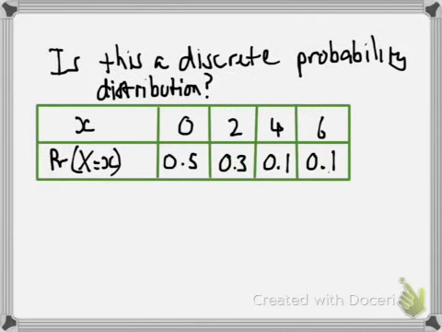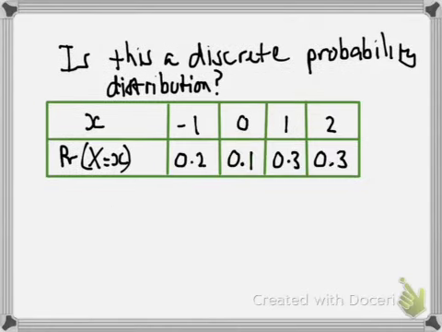What about this one? Yes, all the probabilities are between 0 and 1, and they add up to 1.0. So that's a yes as well. What about this one? No? Now, these can be negative because these are just values that are taken on. That could be losing $1.